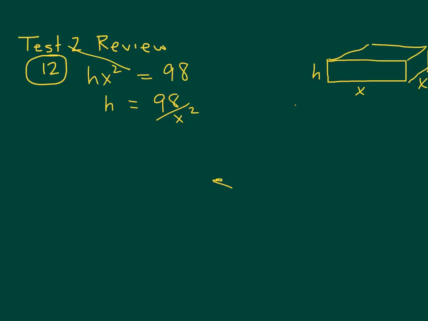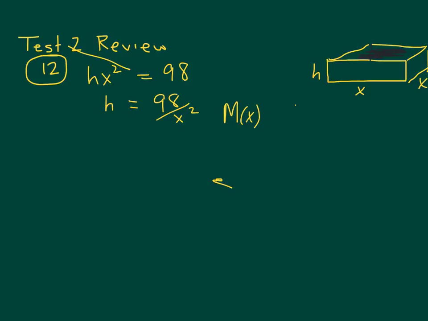So now the amount of material that's being used here is basically the area of the 5 sides. Remember that the top, there is no top on it. This is just an open box. So the amount of material, we have 4 sides, which are rectangles, and the area of each one of those rectangles is h times x.